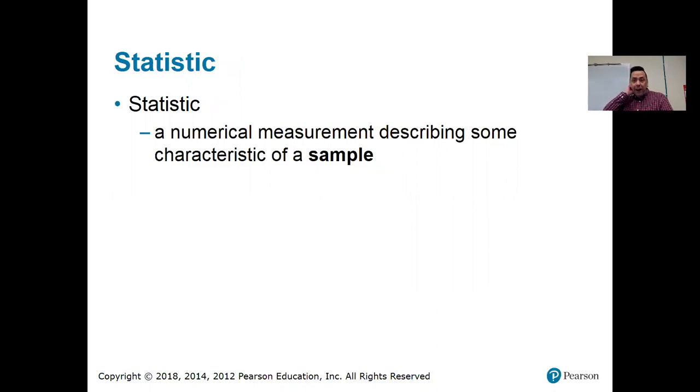So if I wanted to calculate the mean GPA of students in this class, which is not a good representative sample of all of Merced College, but that's okay, that would be called a statistic because it's just measuring the mean for the sample, okay? So of course the trick is to help you remember that parameters are about populations, statistics are about samples. Two words that start with P, two words that start with S. I just love when that kind of thing works out, all right?